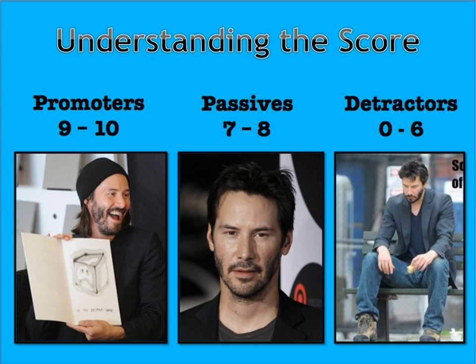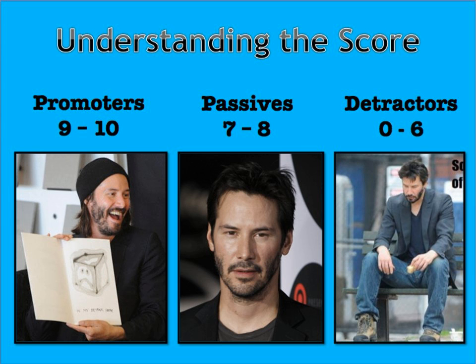Here represented by Happy Keanu. Passives are consumers who give you a score of between 7 and 8. And usually, in terms of the metrics, we ignore the passives. They're neutral. They don't really affect you. You're not doing so great to them, but you're not doing bad. So what we really want to focus on is the promoters and the detractors.